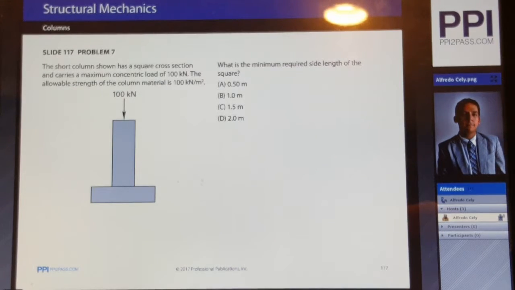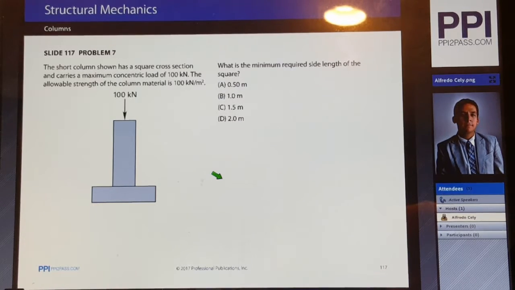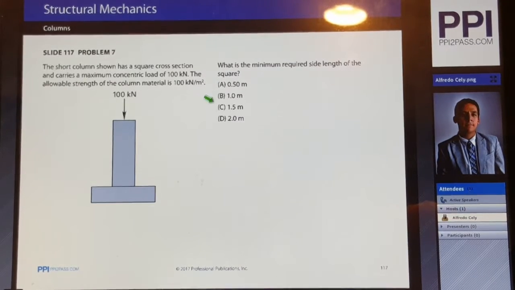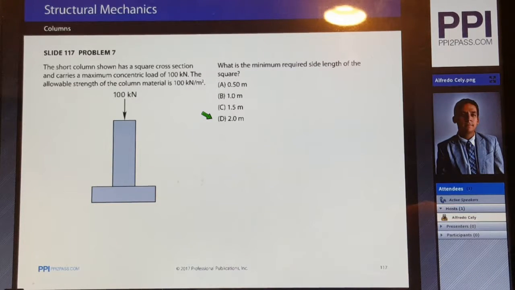Here we see the short column with the 100 kilonewton concentric load being applied on top of it, and how the column rests on a foundation, which can be interpreted as a spread footing. Now, what we're going to ask is, what is the minimum required side length of the square? Is it half a meter, 1 meter, 1.5 meters, or 2 meters?